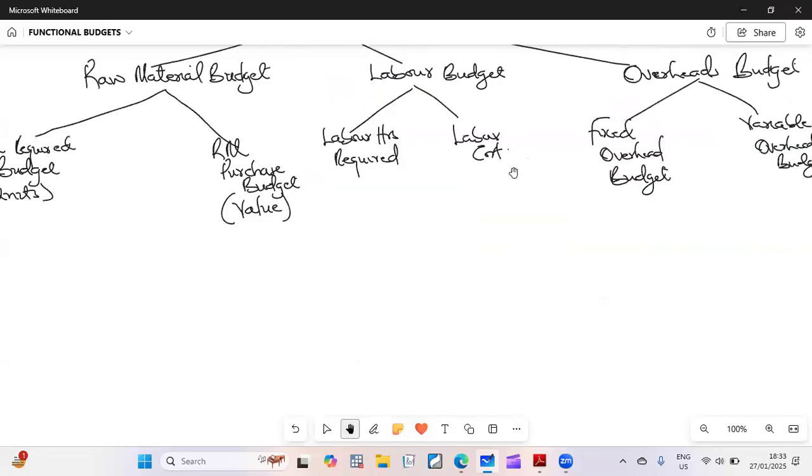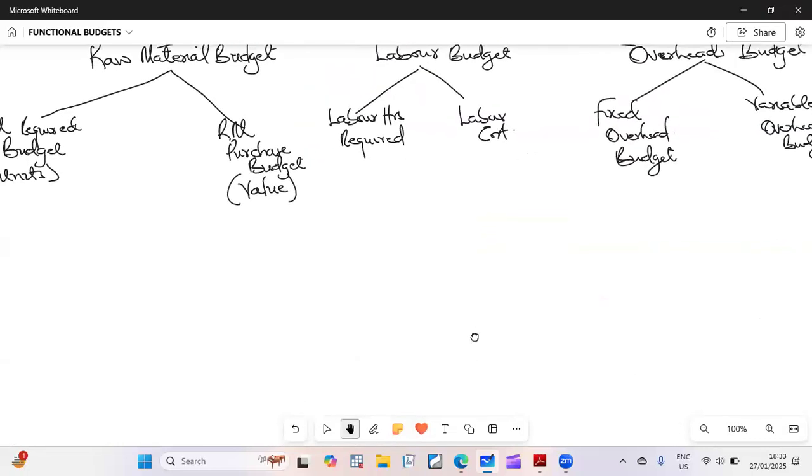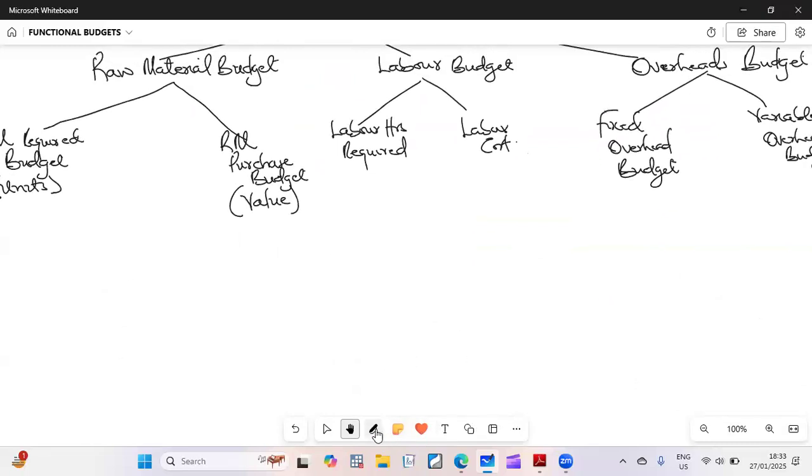All right. So after that, if you have your cost of sales, then you also need to prepare the selling and distribution expenses budget. So that is kind of the non-production overheads.